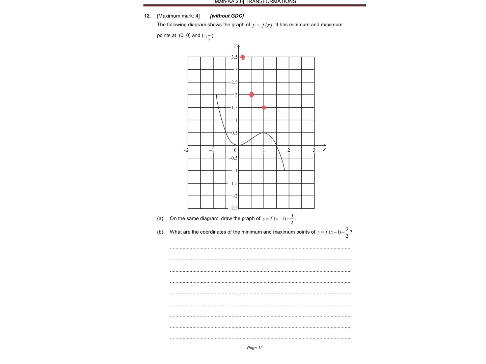This one goes right 1, up 1.5, and that one goes right 1, up 1.5 here. So like this. Something like that. All right, B, what are the coordinates of the min and max point? So 0, 0 goes right 1, up 1.5.